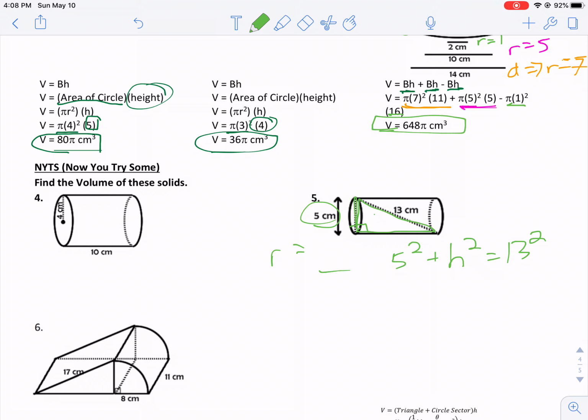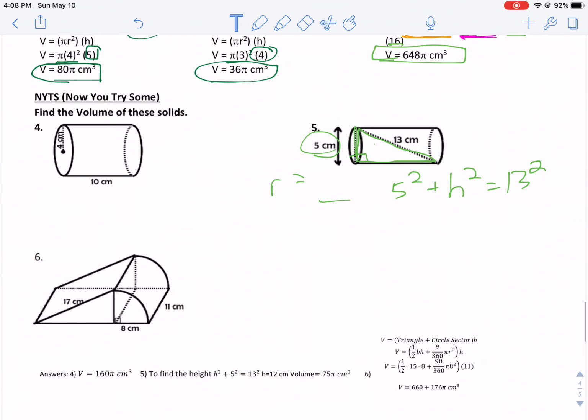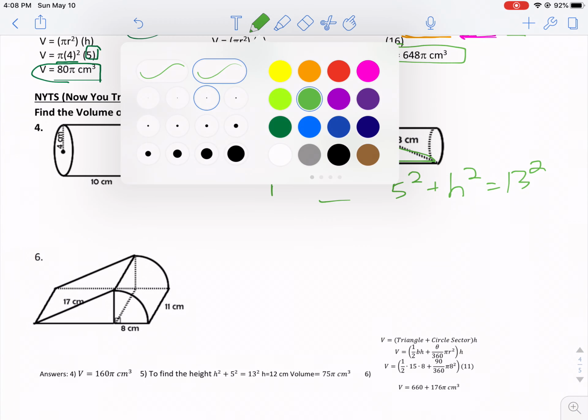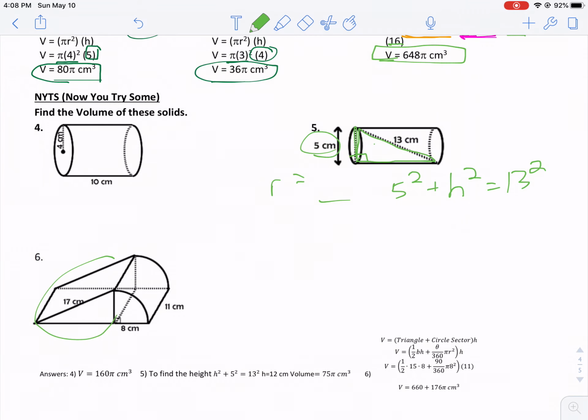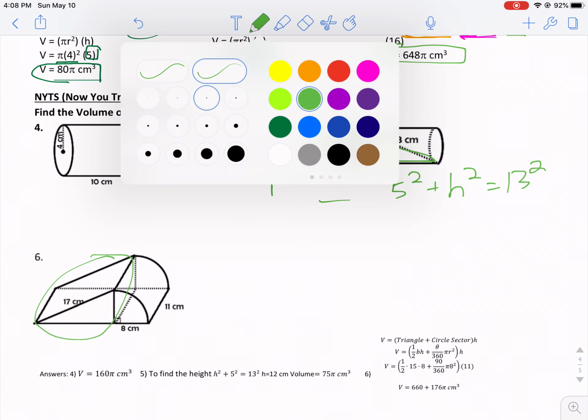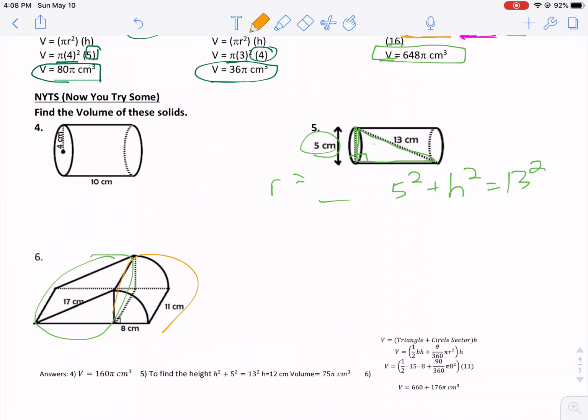All right, for 6 down here, we have a triangular prism and a quarter of a cylinder. Sorry.